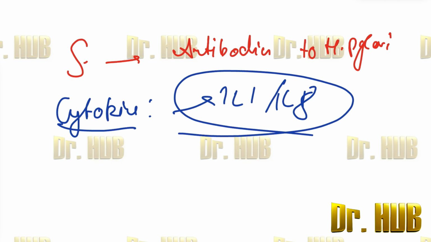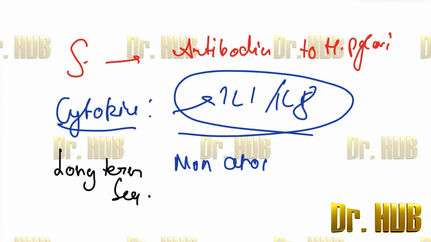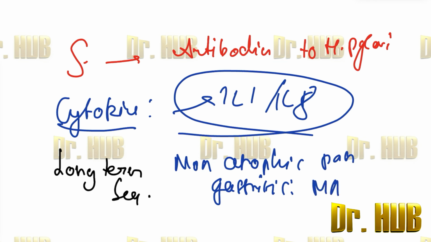Then looking at the long-term sequel. The long-term sequel is a non-atrophic pan-gastritis, which is nothing but what is known as a MALToma.